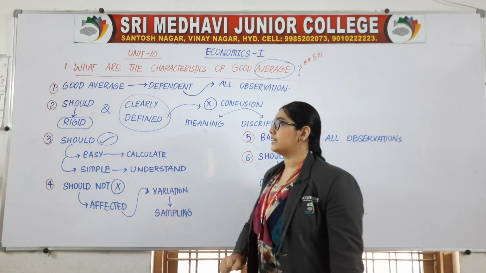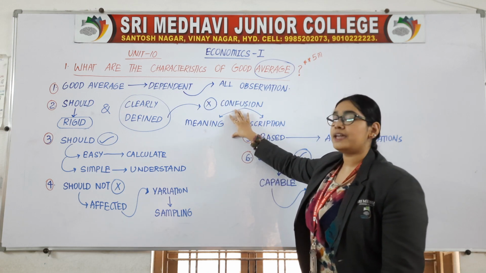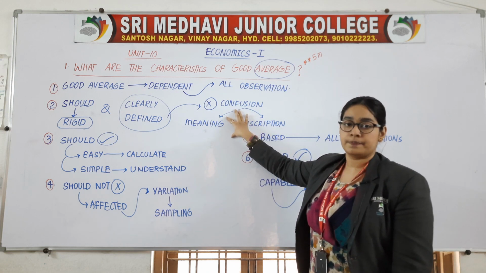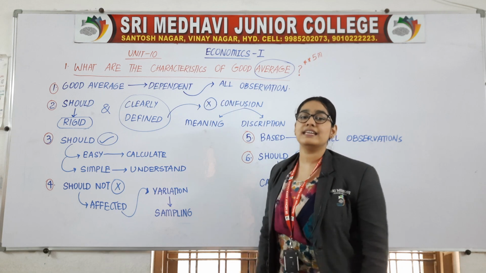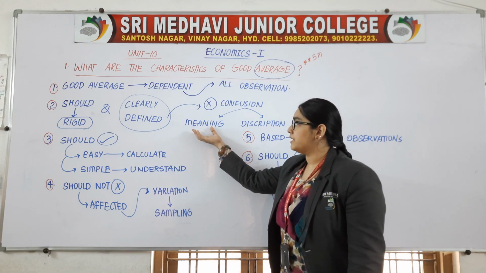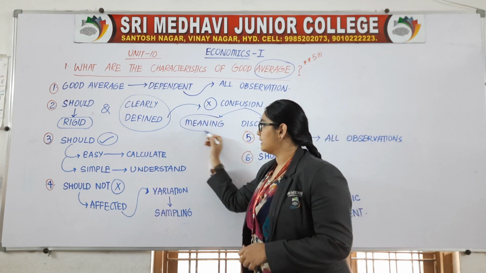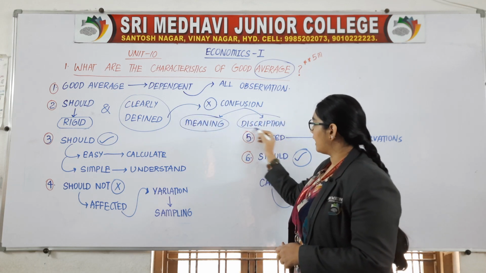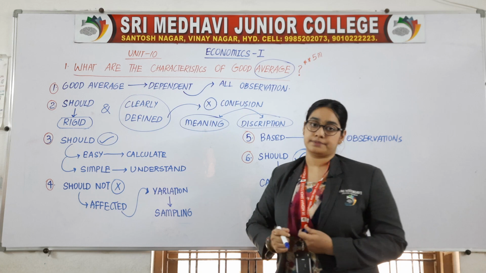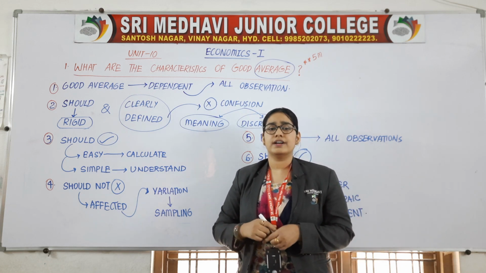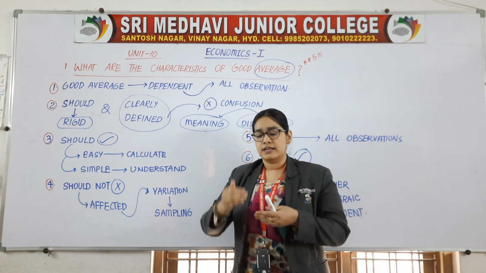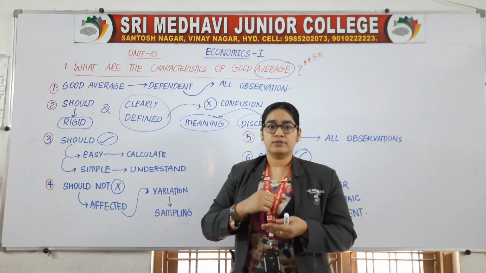Clearly defined means it should not create any confusion in meaning and description. In meaning and description means, like before buying some product, the description will be written down, right?